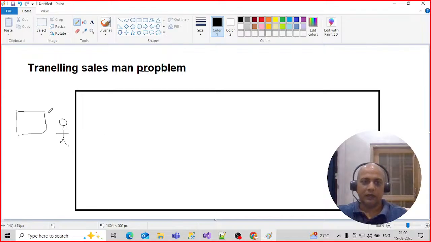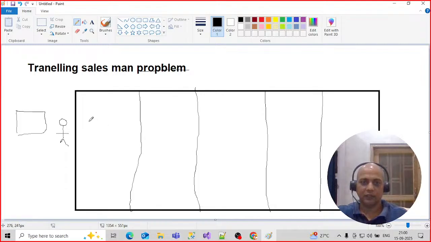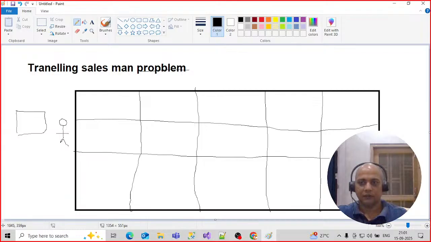This city is divided into various sectors like street and mohalla, all that, right? Suppose this is a map of the city. There are various places where the postman needs to go.